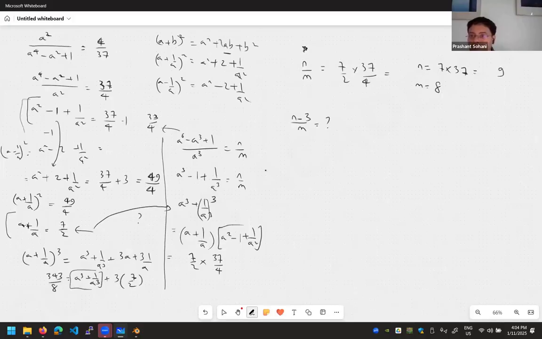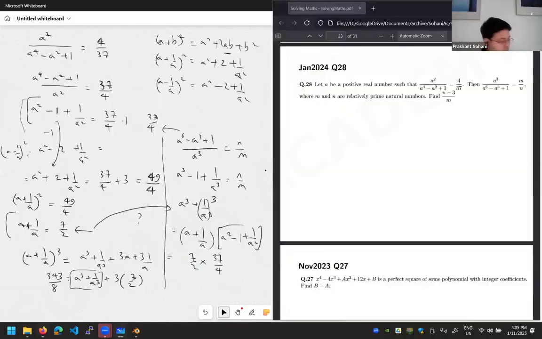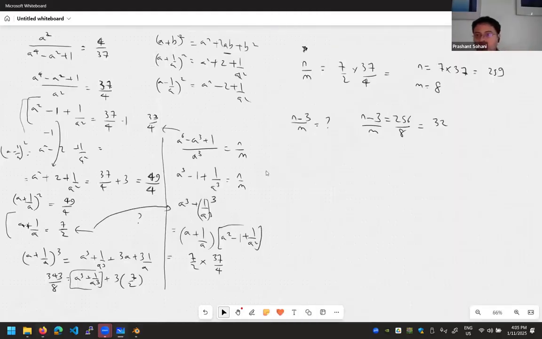So therefore n minus 3 is 256, over 8, which is 32. Right? I think I made some calculation mistake.